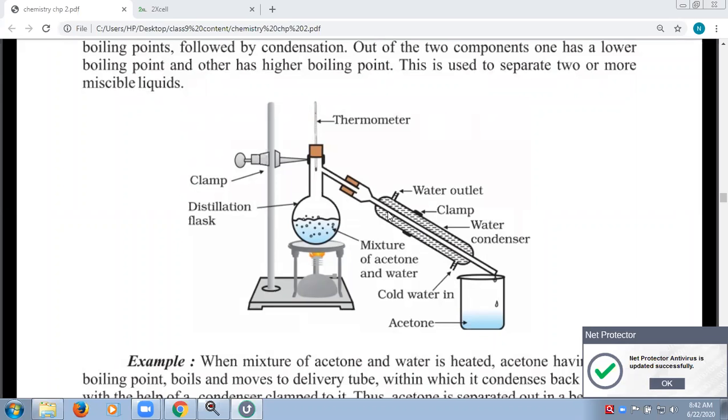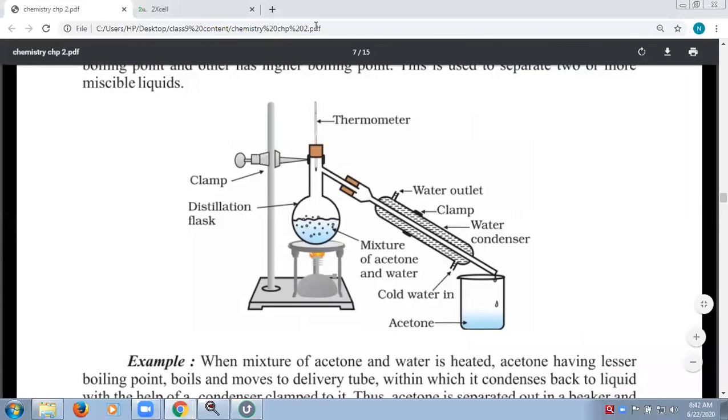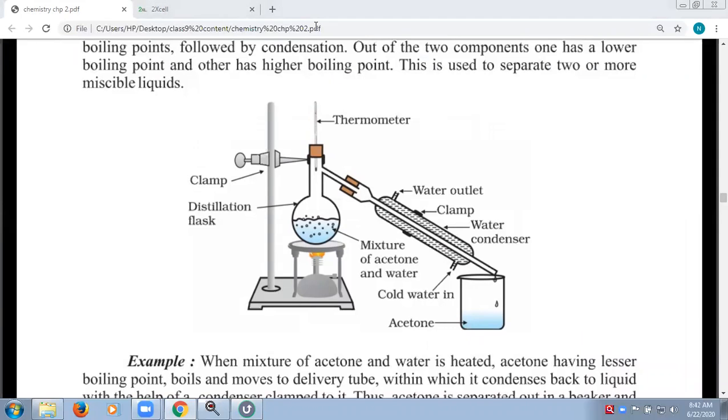As I told you earlier, evaporation is done here, and the vapors which are moving pass through the condenser and are then collected in the receiver. Just look at the diagrams carefully. Just now I'll ask you some questions at the end. Look at the diagram very carefully, all of you.